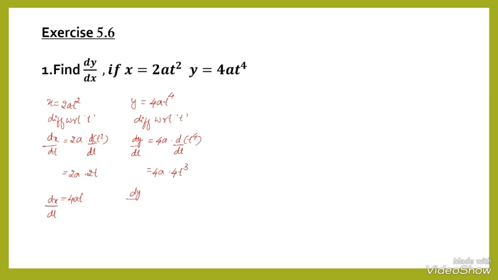We have dy by dt is equal to 16a into t cube. Then we want dy by dx. That's why I'm taking dy by dt divided by dx by dt. Then it becomes 16a into t cube divided by 4 into at. Here 4 fours are 16, a get cancelled, t cube by t, t get cancelled. We have 4t square. This is the solution of the given problem.